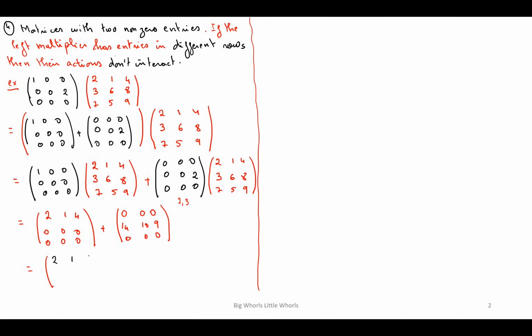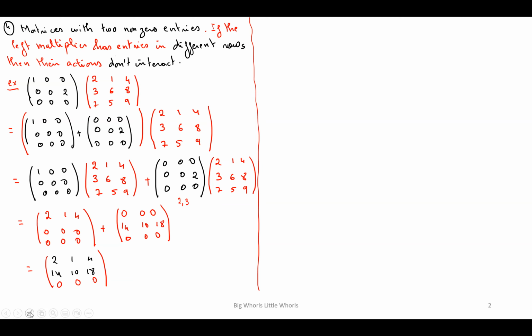So we have 2 1 4, 14 10, and 2 multiplied by 9 is 18, and the rest is 0 0 0. As you can see, the actions do not interact.